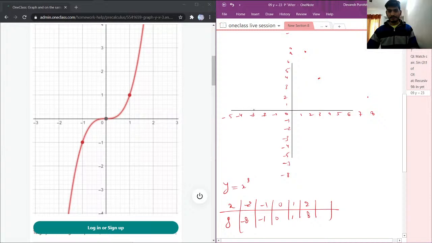Then we have 4, 4, 4 and 4, and 2 and 8 will go like this, and it will go like this.